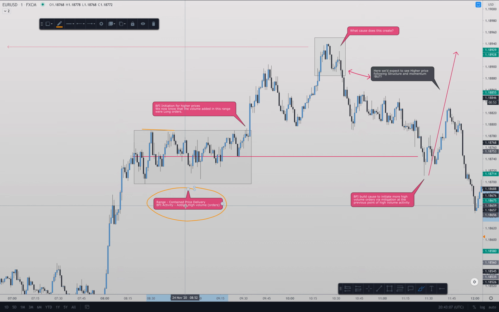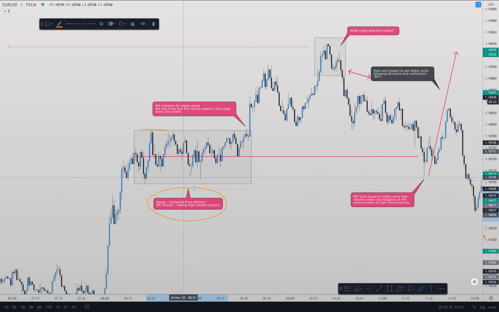We're seeing a representation of BFI activity in the markets via this range, with price contained between these two points. What this says to me is that within contained price, BFIs are adding high volume orders into the market, and they're attempting to do this quite discreetly within a range.